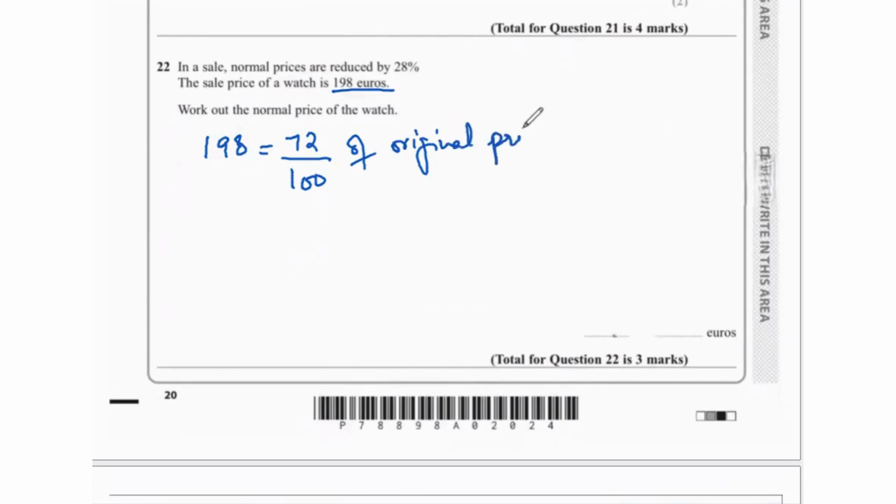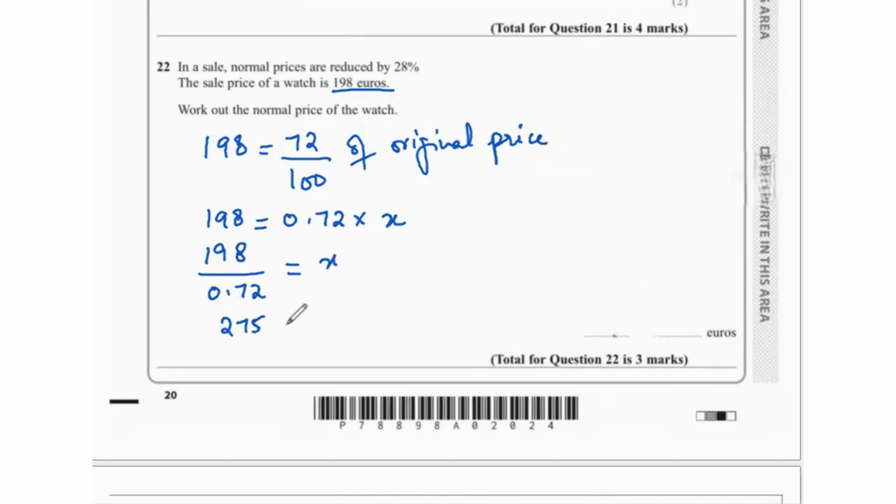Because if it's being reduced by 28%, what's left is 72%. So 198 equals 0.72 times x. x is the original price. So we divide 198 by 0.72, and that gives us a value of 275 euros. That is the original price of the watch.